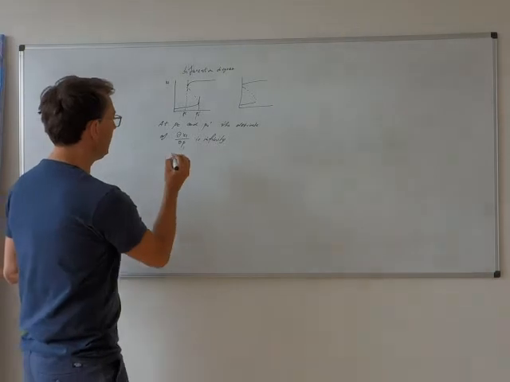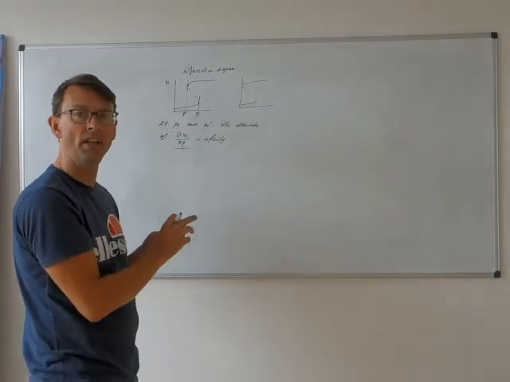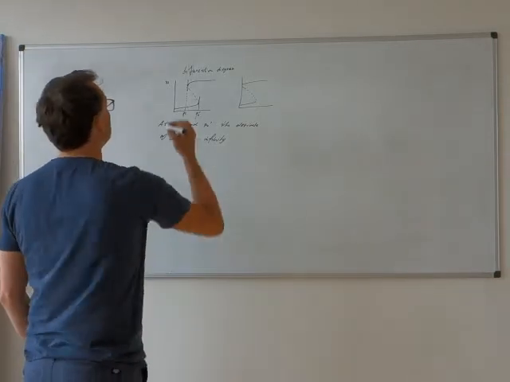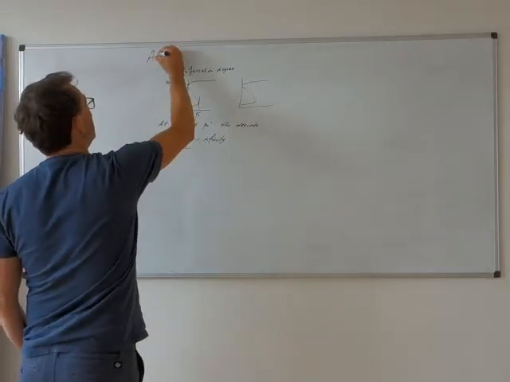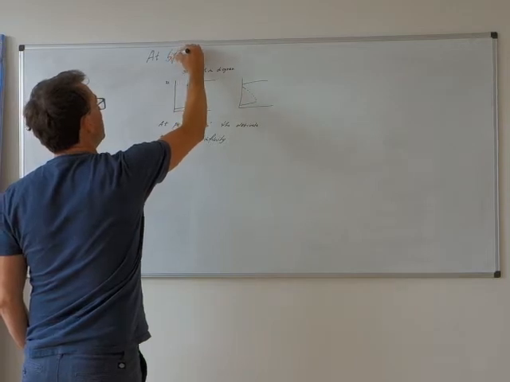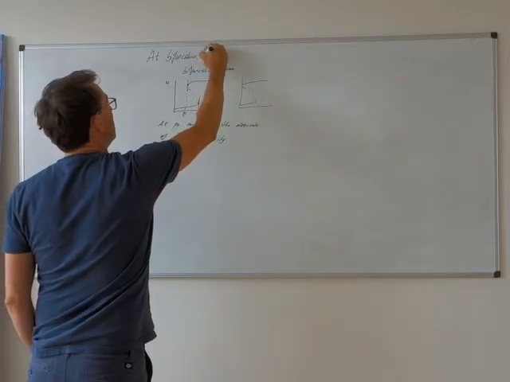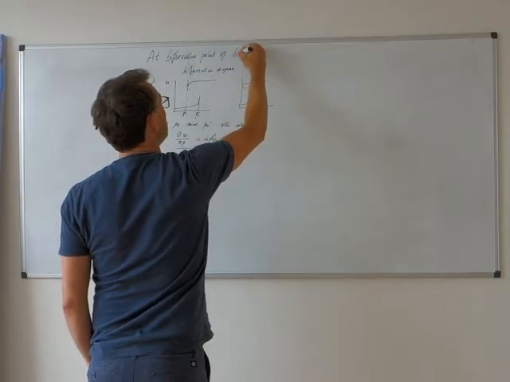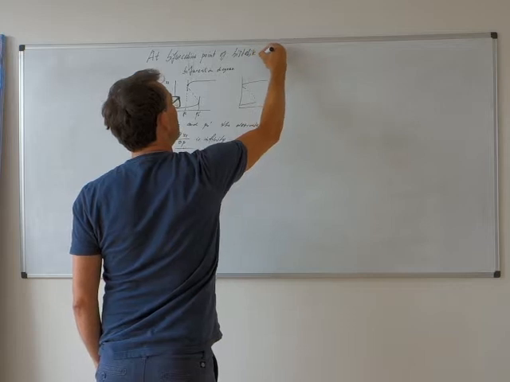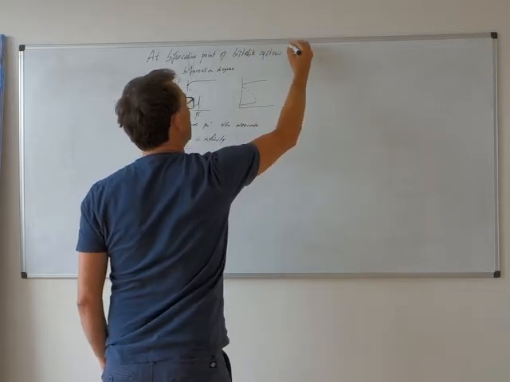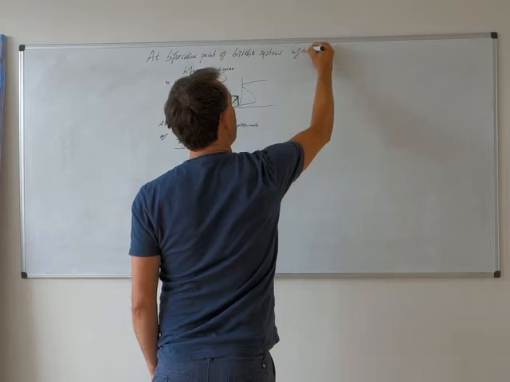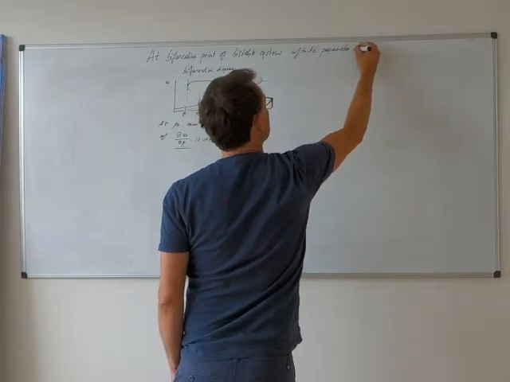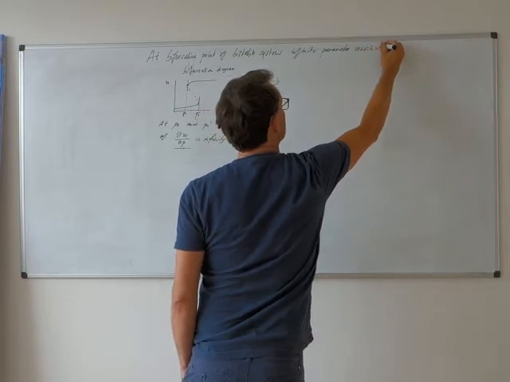And we want to understand a little bit better what the conditions are for this infinite parameter sensitivity. So at bifurcation points of bistable systems, infinite parameter sensitivity occurs.